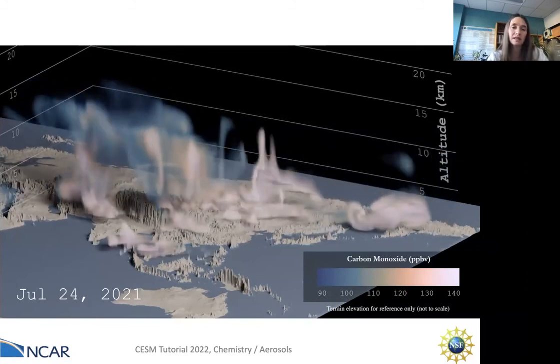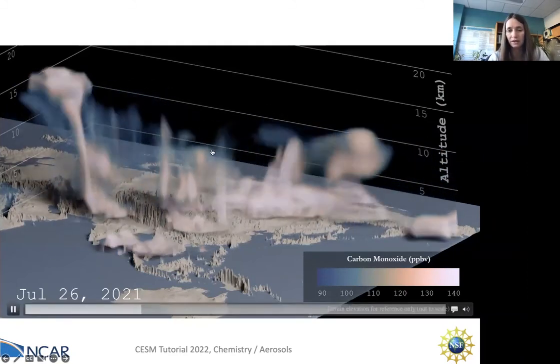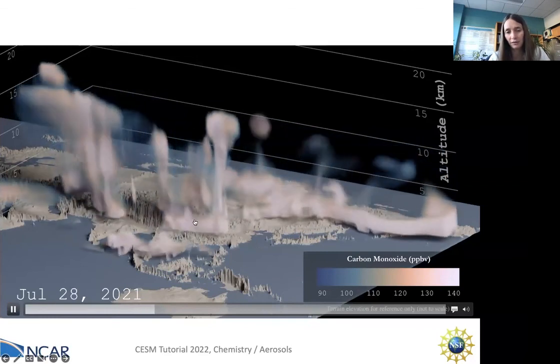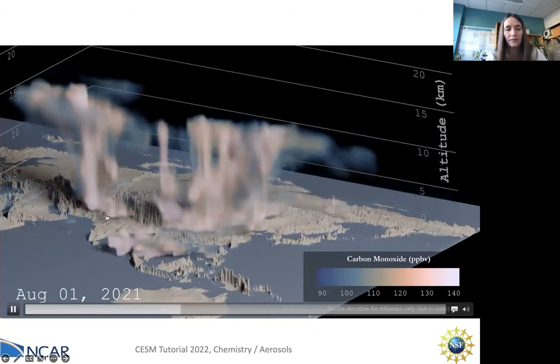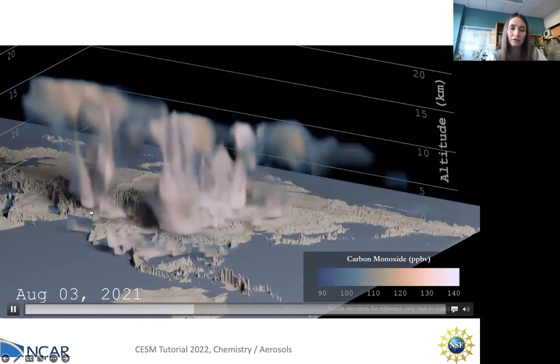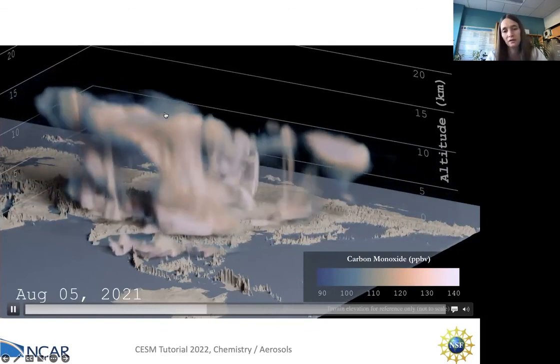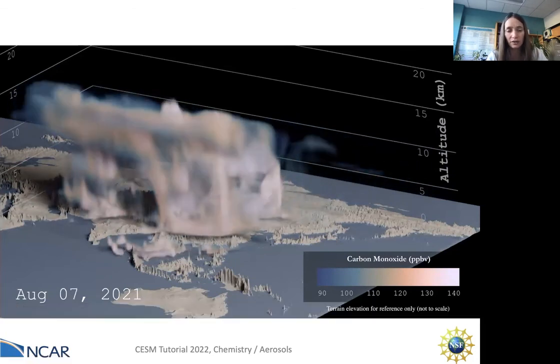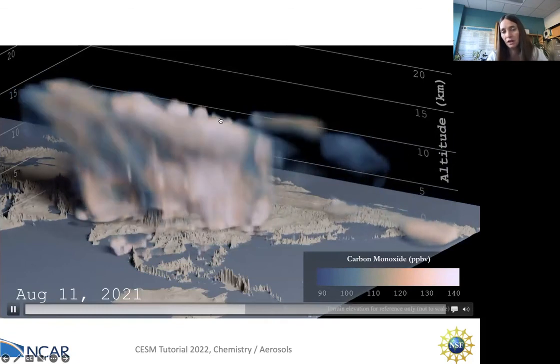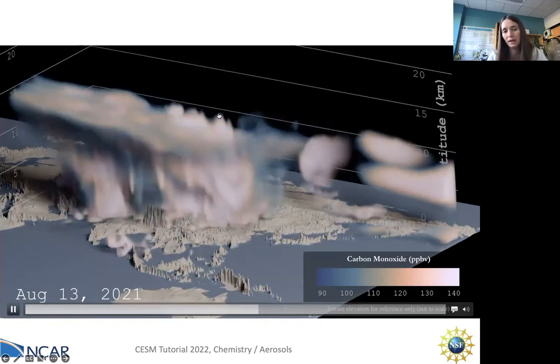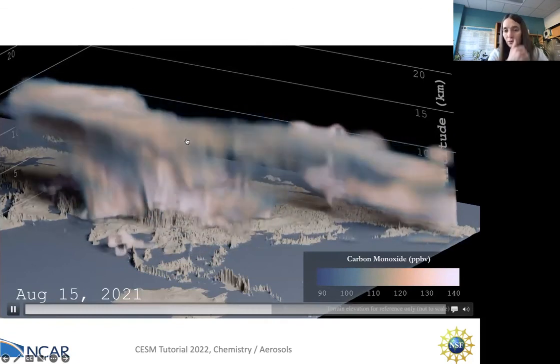So what you can see here is CO, carbon monoxide, over here the Asian continent, and we do see the emissions of CO going all the way up to 15 kilometers or higher. And then in July, August, there's always the anticyclone forming here that traps the pollutants.